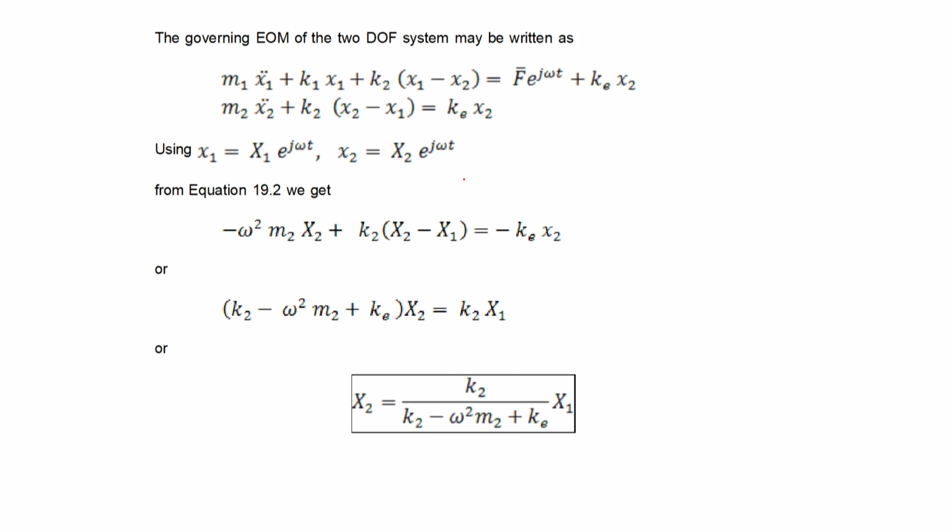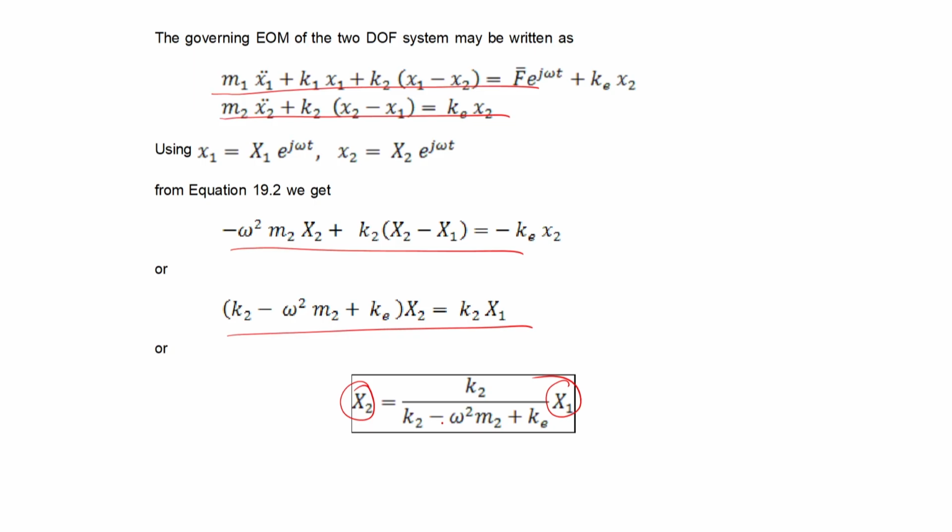You can get a relationship between x2 and x1 with the help of the equations of motion of the two systems, convert them into the frequency domain, and then get the response of x2 with respect to x1.